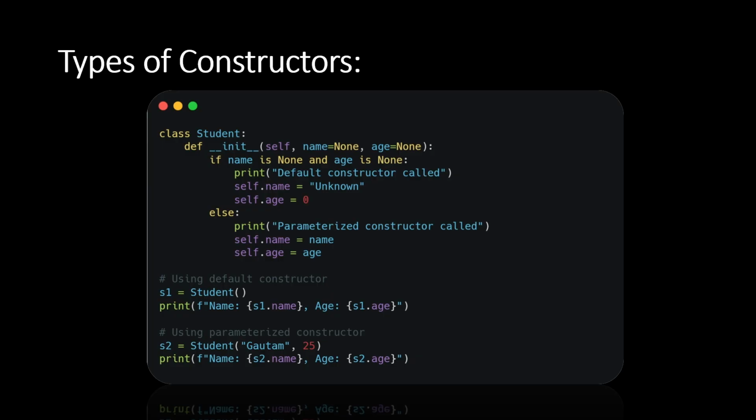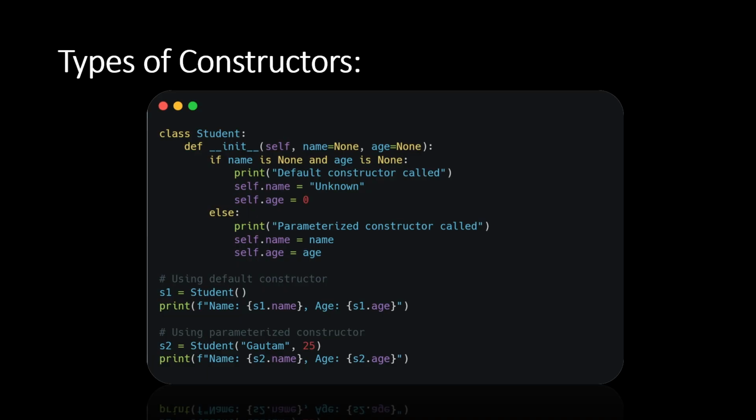Here there are two properties, name and age, right? So if we create an object from that class and we do not provide name and age, then the default constructor is called, while if we provide name and age, then the parameterized constructor is called.